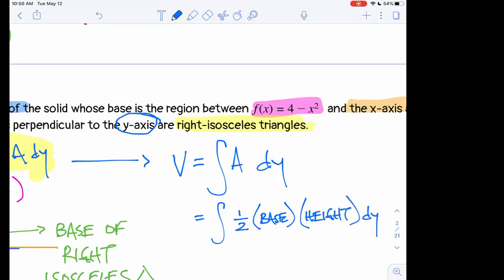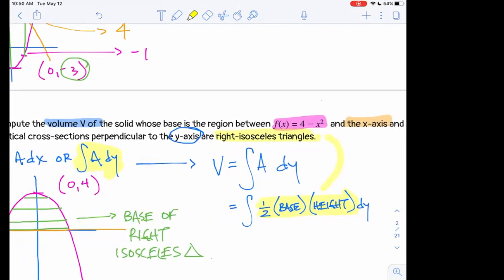The reason I'm writing 1/2 base times height is because that is the formula for a right isosceles triangle. If they said square like they did last time, I would be wrong to use this formula. Or if they said the cross sections are semicircles, it would be wrong to use this formula. But the reason I'm writing this formula is because of the shape that they tell me, right isosceles triangle.